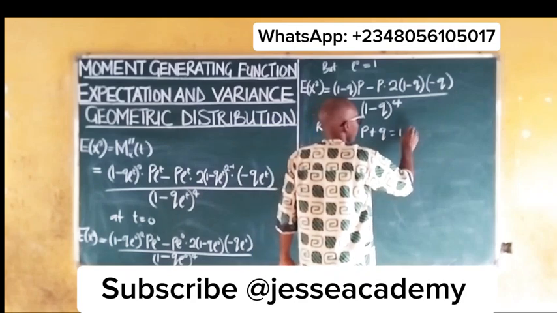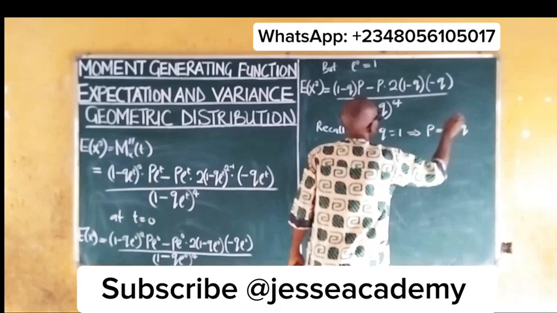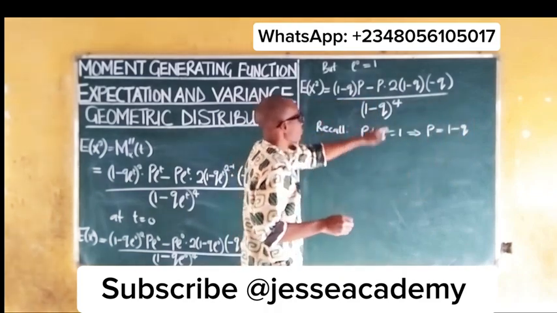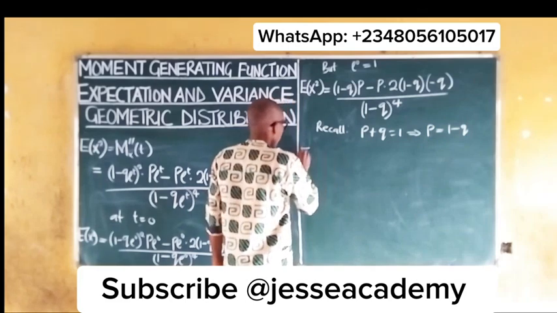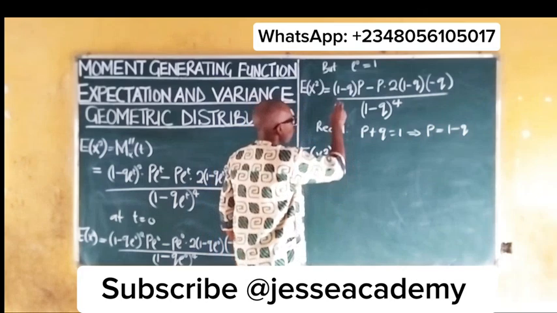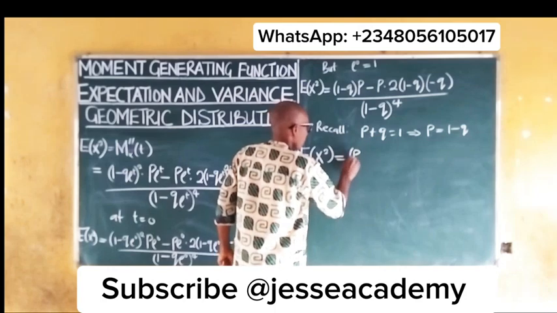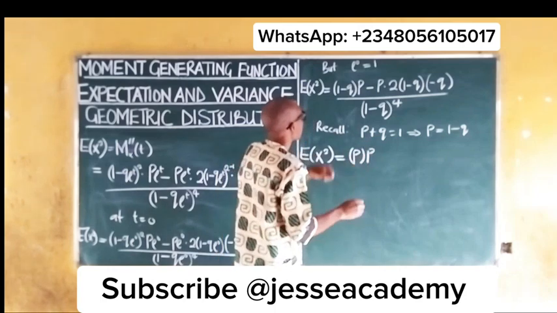It then implies that p is equal to 1 minus q. So wherever we see 1 minus q, we can put p there. So our expected value of x squared is equal to, 1 minus q is p, multiplied by p.